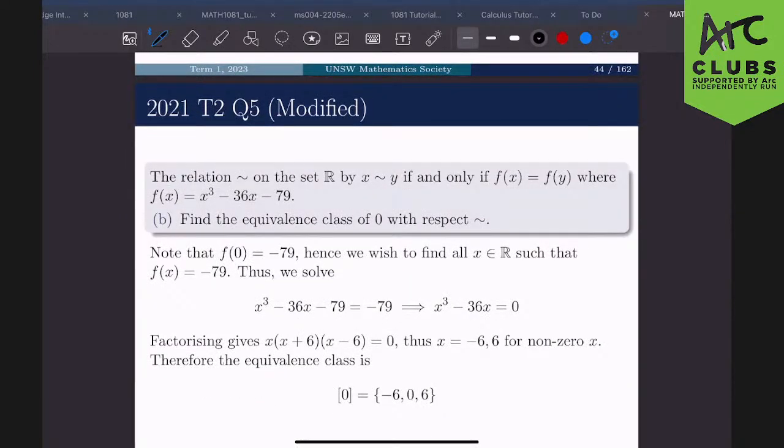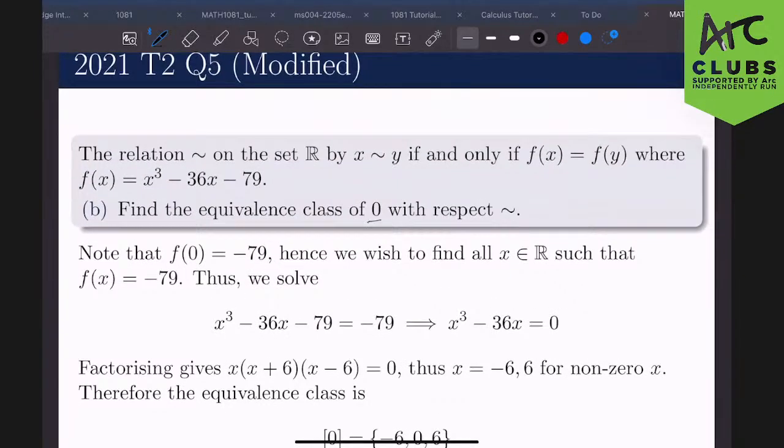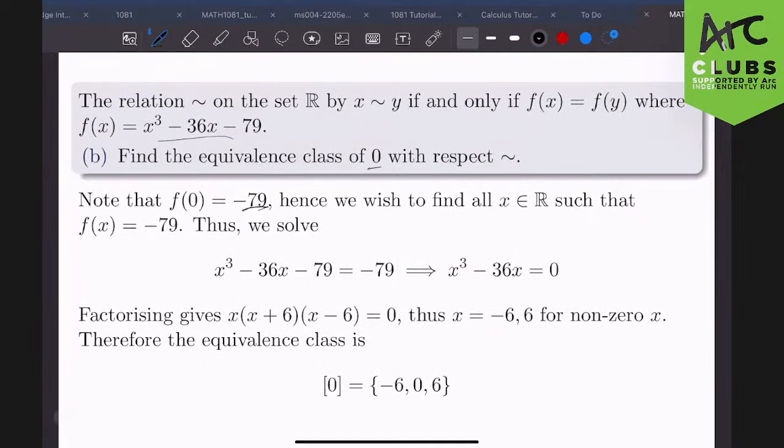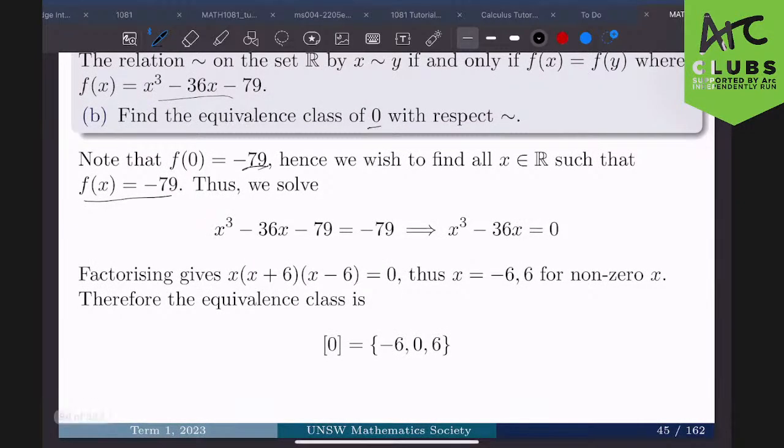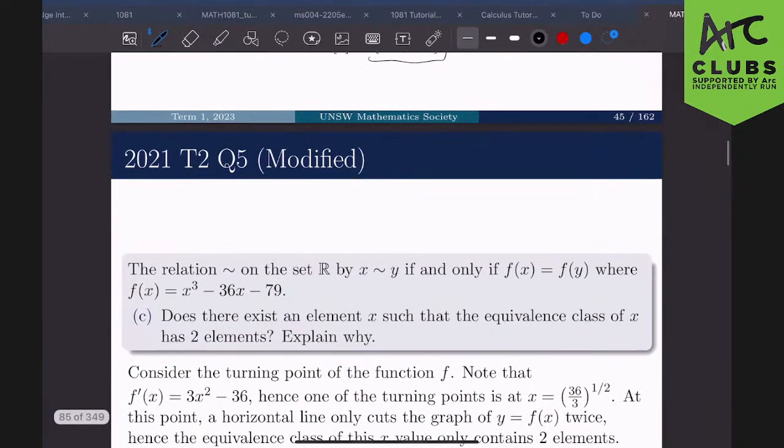So first off, we're just going to find what 0 actually gives us, so we're just subbing 0 into this function, and that gives us -79, and then we'll just be solving for this. So we just set f of x to be f of 0, and we solve this, and it'll be a nice factorization. So we can state the equivalence class here. Should be quite straightforward.